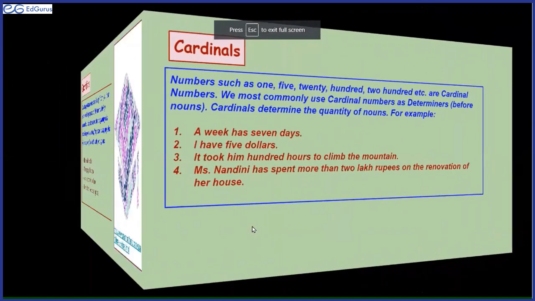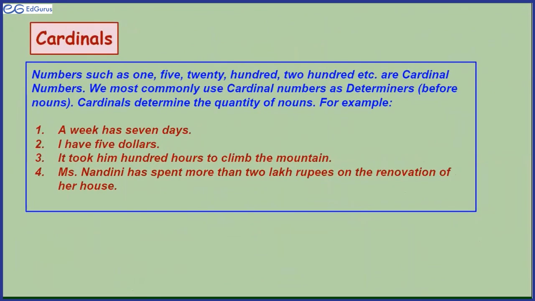Here it is, cardinals. We have two more kinds of determiners which are related with numbers, cardinals and ordinals. Quantifiers are words like all, many, few, little, etc., as you just did.